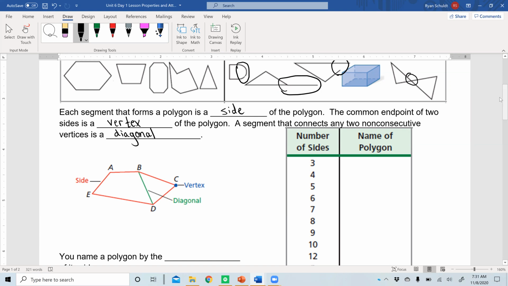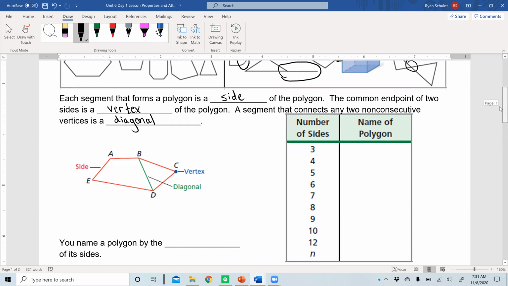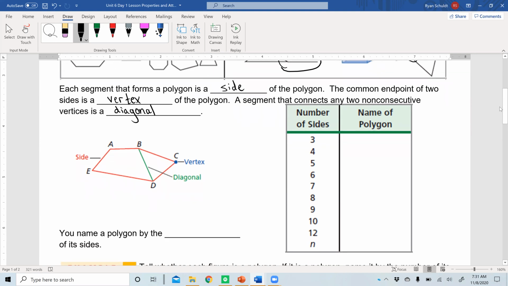And so when we name a polygon, of course, you know the normal ones. There's triangles, there's rectangles, there's squares, pentagons, hexagons, octagons. You've heard of those.